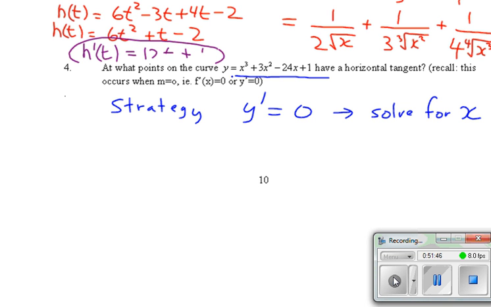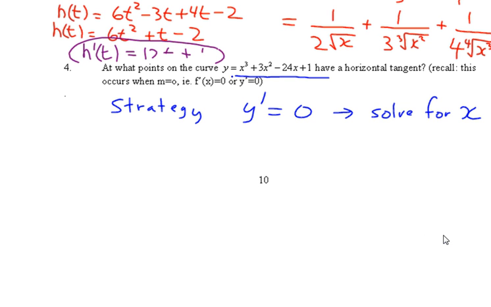Okay, let's take a look at your progress so far. All right. What's the derivative look like? 3x squared plus 6x minus 24 plus 0. We set it equal to 0.